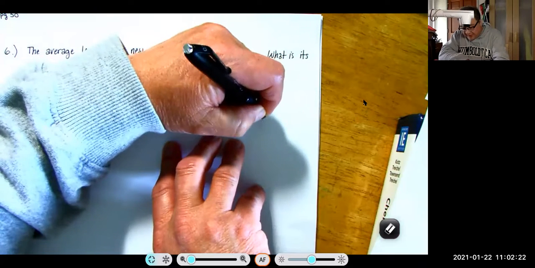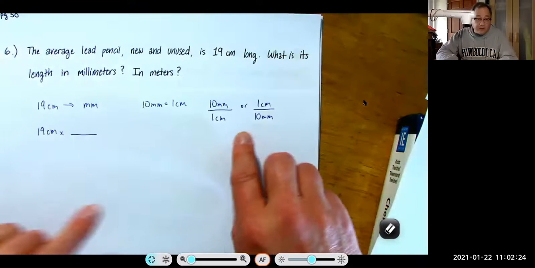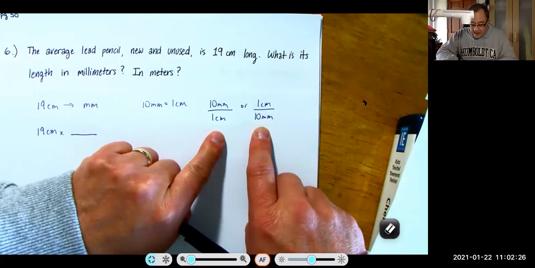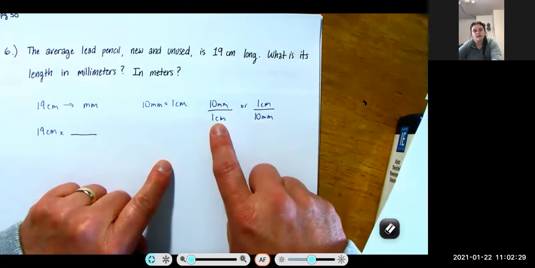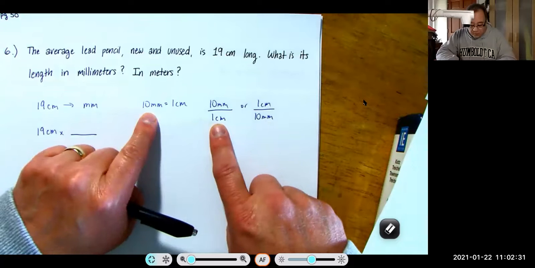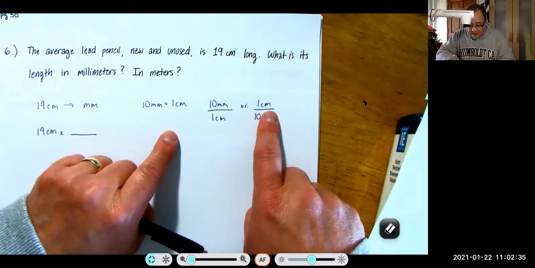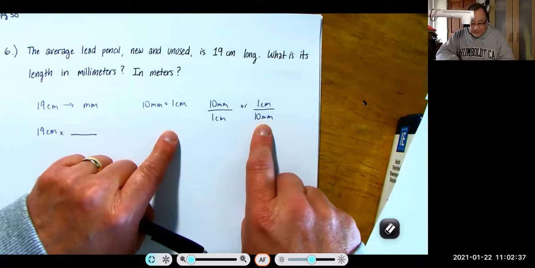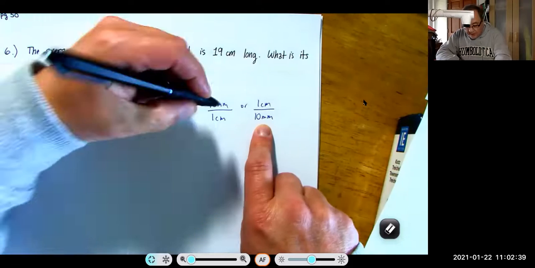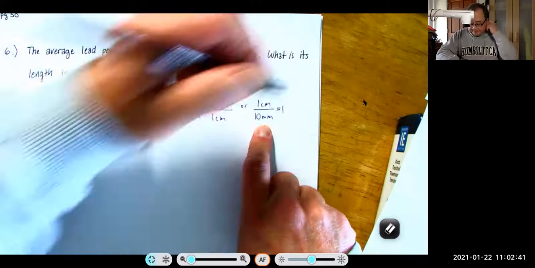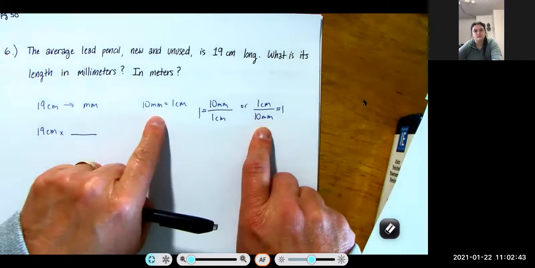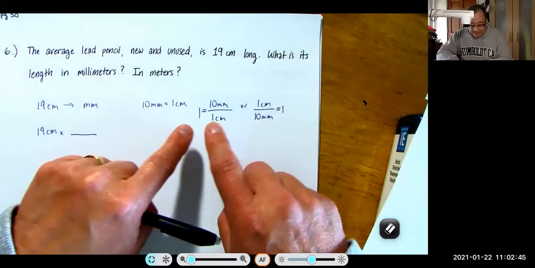I know you can't see what I'm writing, so I'm going to give you a moment to see. I can change it to the first one where I put 10 millimeters on top, 1 centimeter on the bottom, or I can change it to 1 centimeter on top and 10 millimeters on the bottom. This is equal to 1 and this is equal to 1. So you can mathematically change this into this and get that or that.